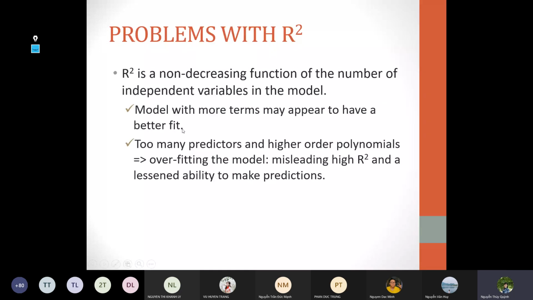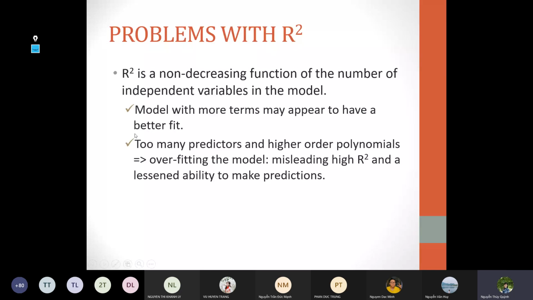A model with more terms may appear to have a better fit. Better fit, that is the fit between the sample regression model and the sample data, not the fit between the population regression model and the population. Remember that we care about the population, not the sample. So trying to make R-square high may lead to the population regression model not reflecting the population well.